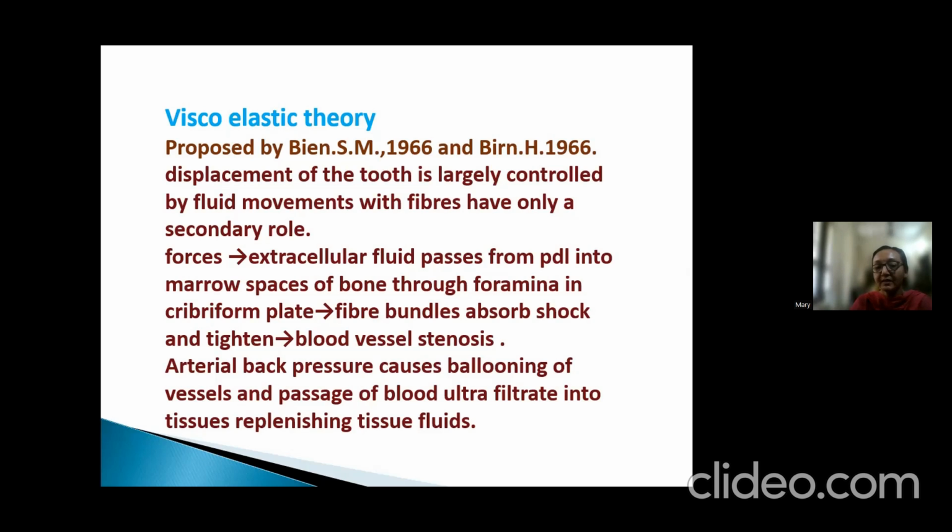That is, there will be a cutoff of the blood supply, and this in turn will cause an arterial back pressure, causing ballooning of the vessels, and there will be a passage of blood ultrafiltrate to the tissues, thereby replenishing the tissue fluids, helping them to return back to their normal state. This was according to the viscoelastic theory.